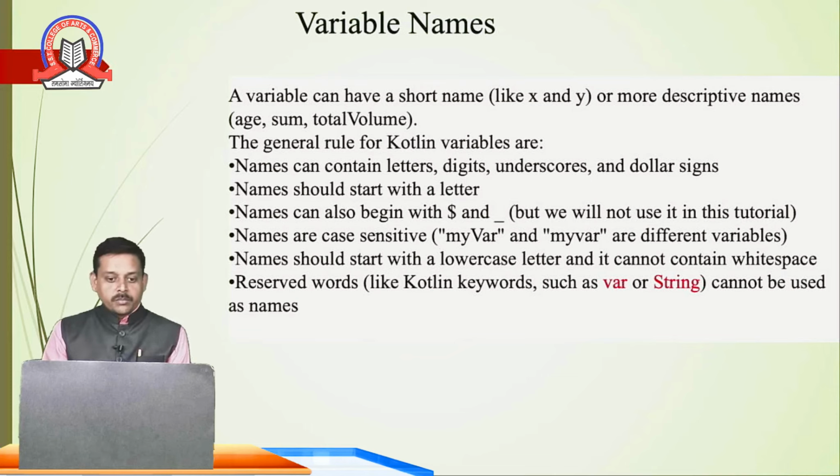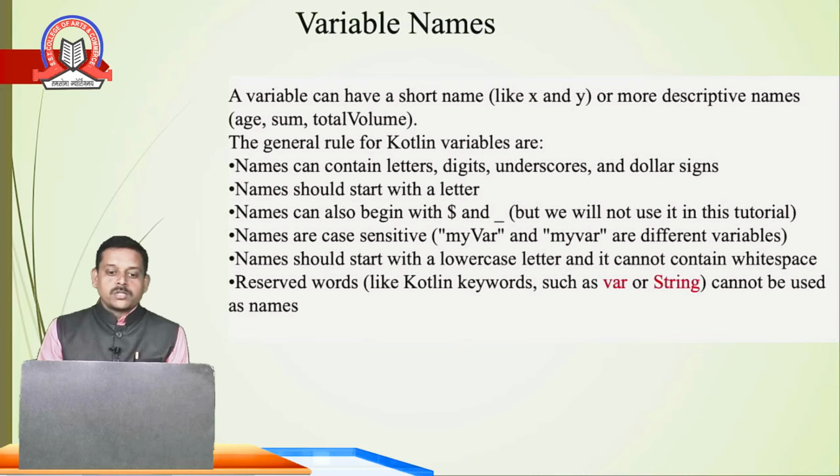We can also begin with a dollar sign or underscore. Then variable names are case sensitive, like myVar and myvar. If I am using myVar with a capital V, we can create another variable like myvar, but here we are using a small v. So both will be treated as different variables, not the same variable.